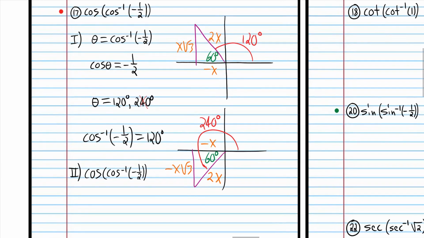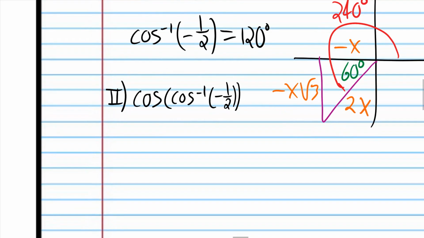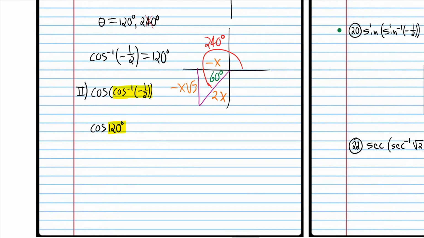And we know that inside part is 120 degrees. We just found that. And so now we just need to find cosine of a 120 degree angle. So that's going to be over here.